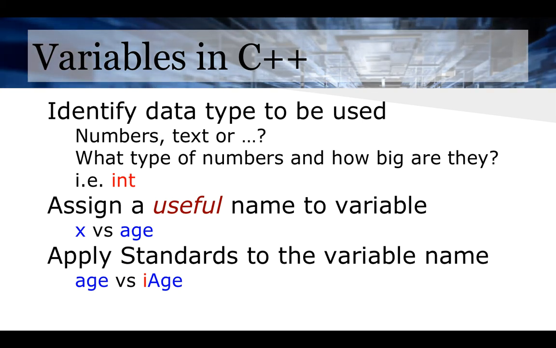Then you can use a data type named int, short for integer. That's the most common data type when you start coding. And once you say, okay, I've decided for integer numbers and the data type is going to be int, we need to name the variable for that data type.